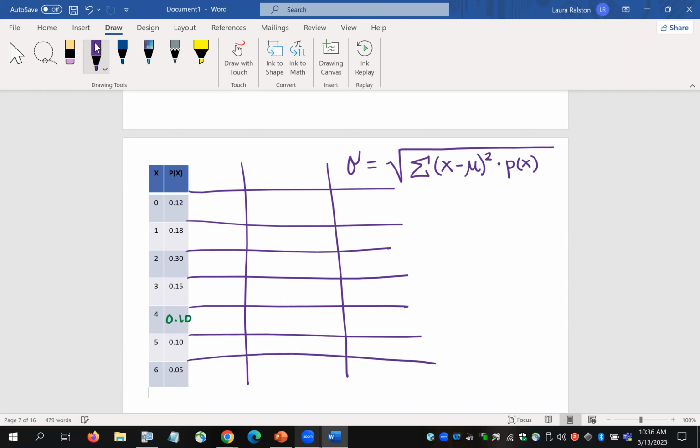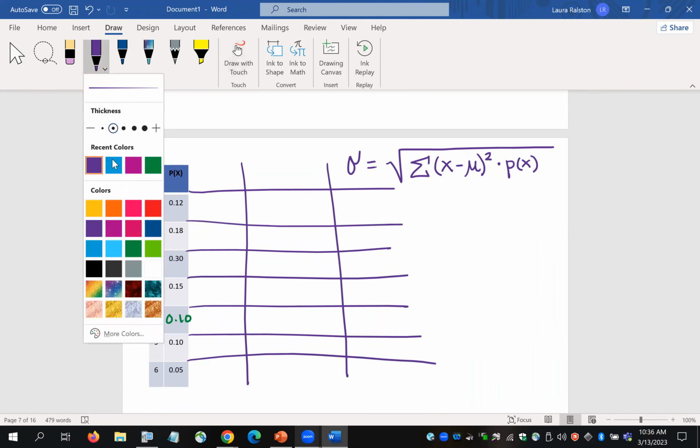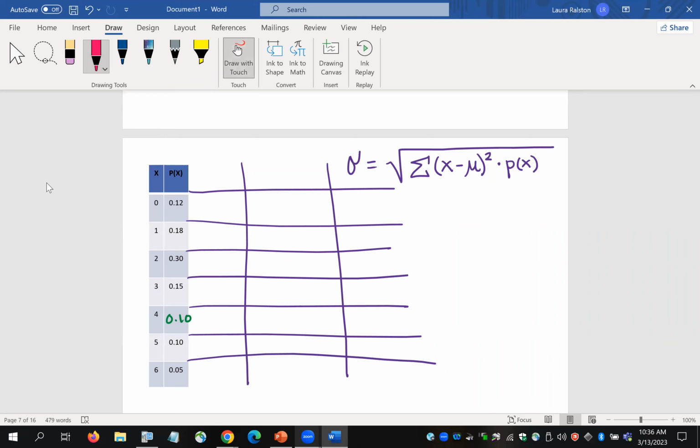This is the easiest way to do it, okay? So I'm going to break this down into steps, okay? The first step is we have to take each x and subtract the mean that we just calculated.